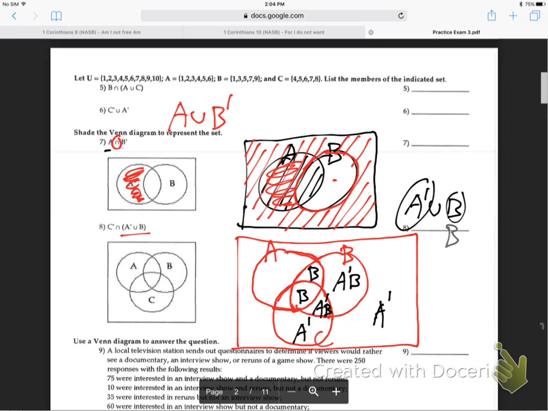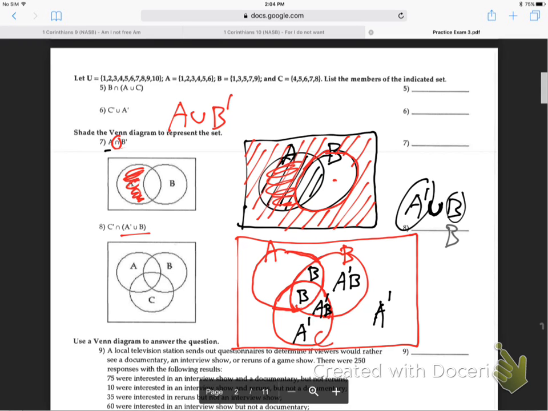Now, I'm not done yet. What symbol is in between the not A and the B? The unite symbol. What does unite always mean? Any of them. Everybody can come to the softball game.